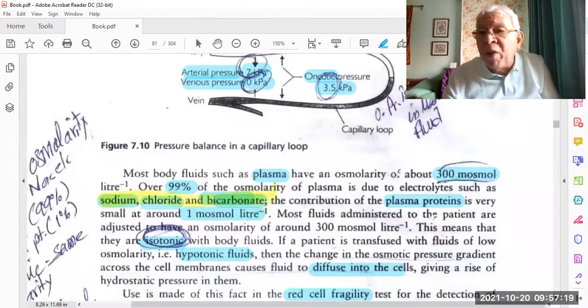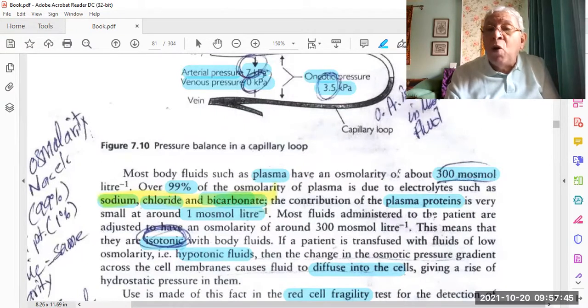Most of the blood fluids have an osmotic pressure of around 300 milliosmol per liter. Mainly 99% of this pressure is due to sodium chloride and bicarbonate, 99% of the osmolarity of the plasma. The 1 milliosmol of the plasma protein is mainly for albumin.